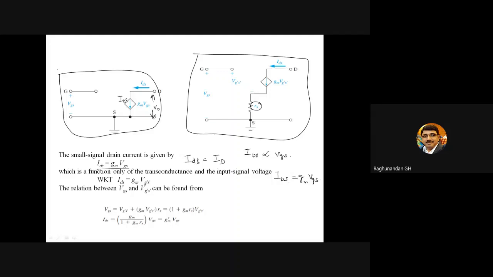Conductivity increases, current increases. It also depends upon the gate to source voltage, how much gate to source voltage we are applying. So based upon these two parameters, the drain to source current is obtained. That's why IDS is a dependent current source, dependent upon two parameters.